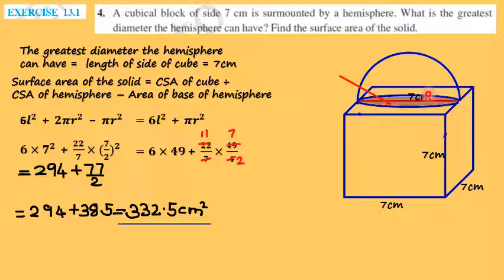So the bottom part of the lemon will be in touch with the cube now. So that area no need to count. Only this area of the hemisphere needs to be counted. That is why we are subtracting this area of the circular part. Is it clear? Now let us move on to the next question.